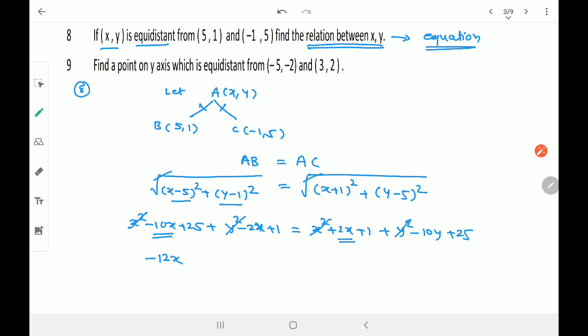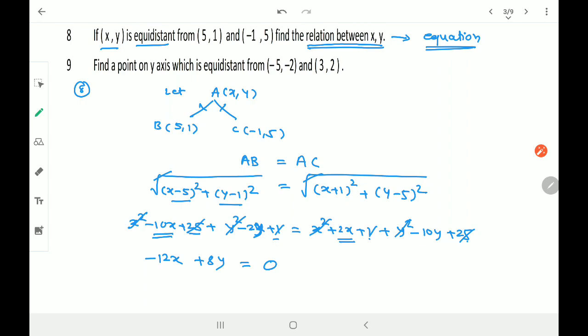I think here there is y. Don't forget that. And then we have plus 8y. Clear. 25 plus 1 is 26, 25 plus 1 is 26 again. So this 26 and 26 get cancelled, equal to 0.